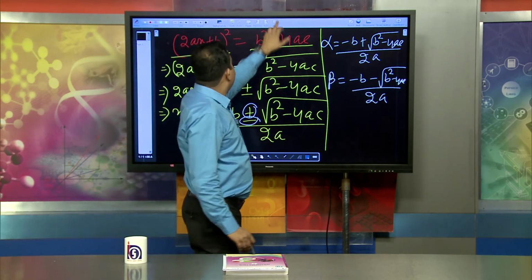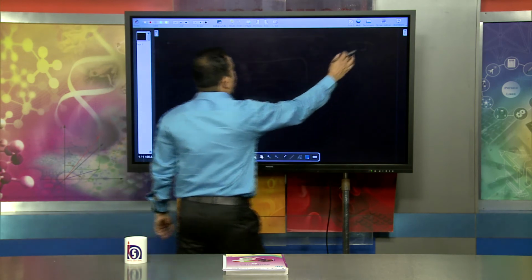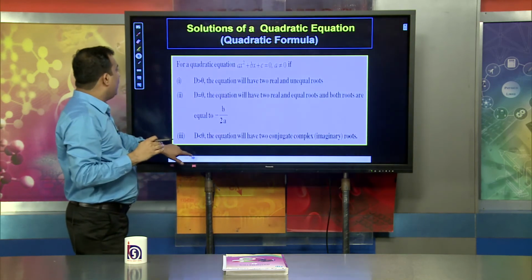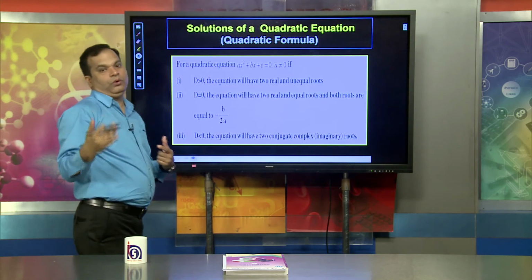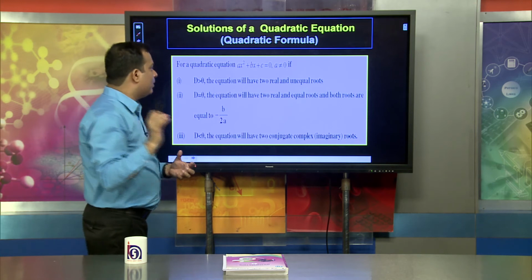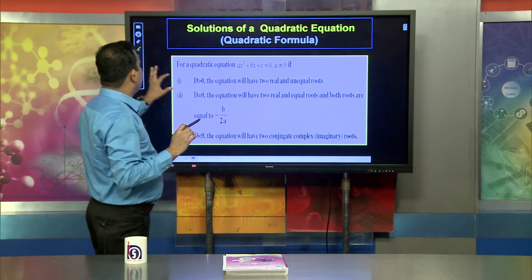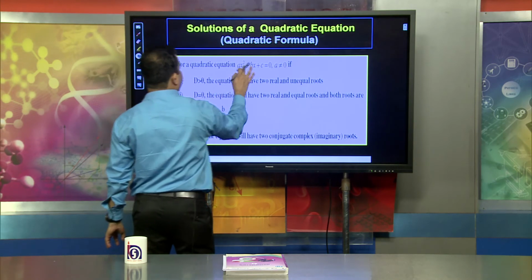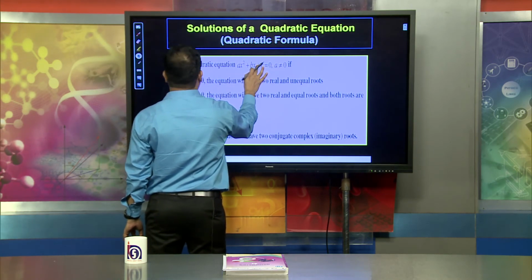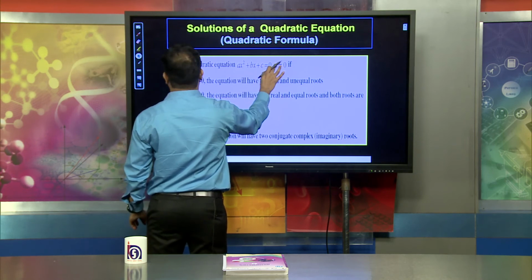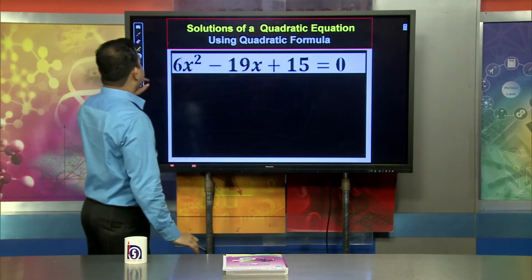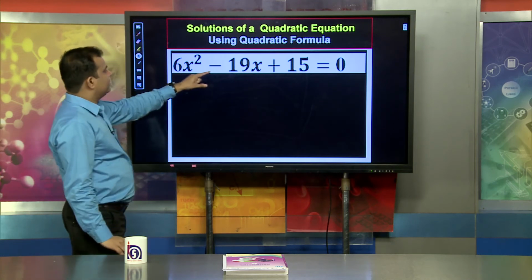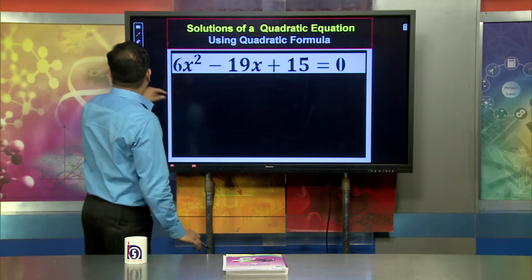Now, dear learners, when talking about the quadratic formula, we must remember how to solve using it. Suppose this is the equation we are going to take: using the quadratic formula, we have to solve 6x square minus 19x plus 15.